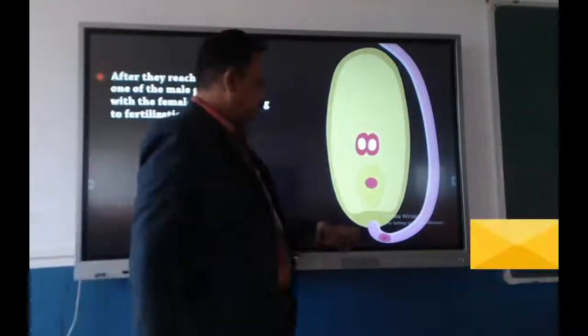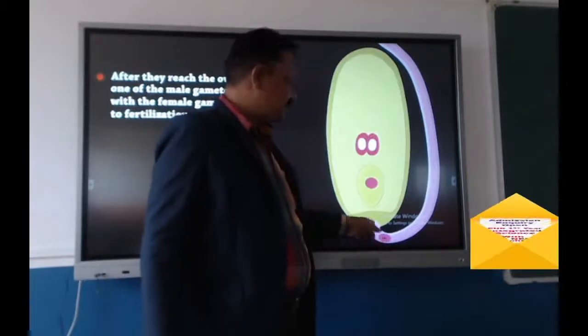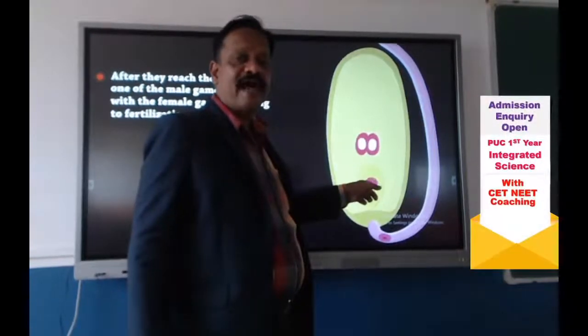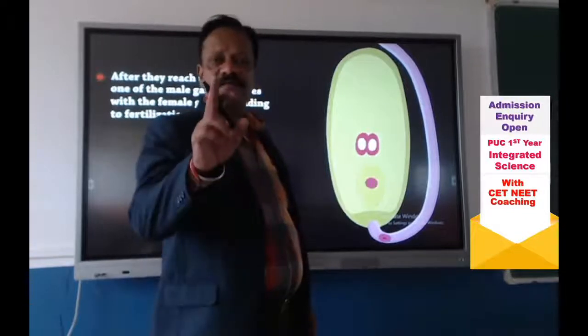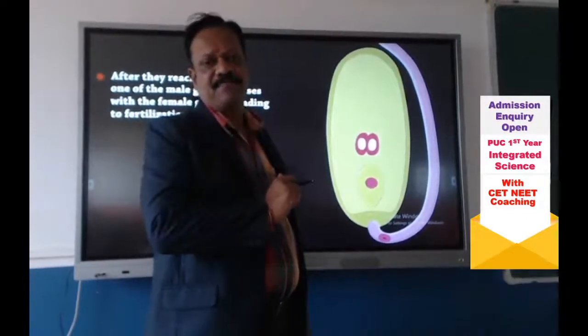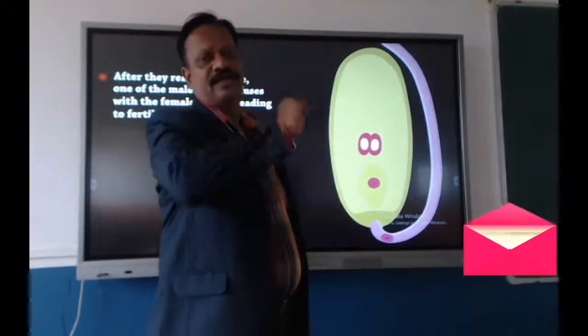The first male gamete enters and joins with the egg cell, and there the first fertilization takes place. In the sense, the first zygote is formed.